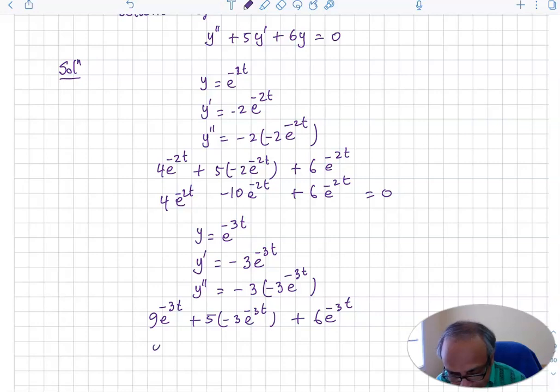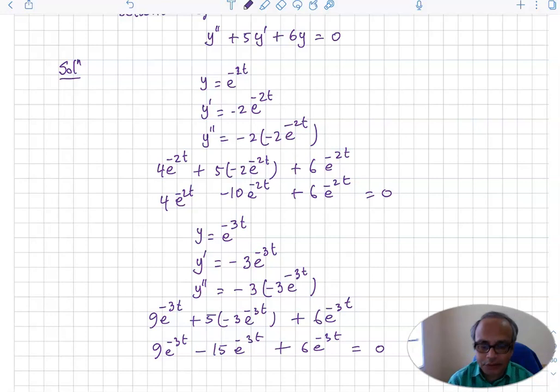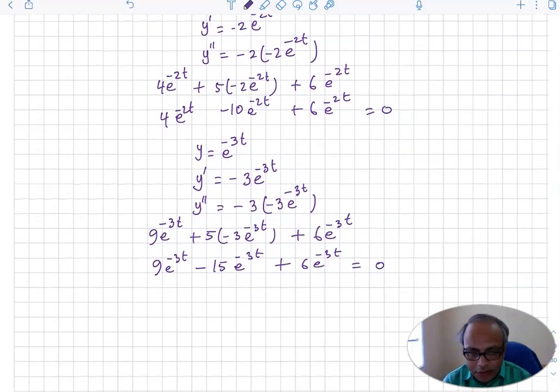Again we see that 9 e to the power negative 3t minus 15 e to the power negative 3t plus 6 e to the power negative 3t is 0. So we have ensured that e to the power negative 2t and e to the power negative 3t are both solutions of the differential equation. Now we are going to check the Wronskian.